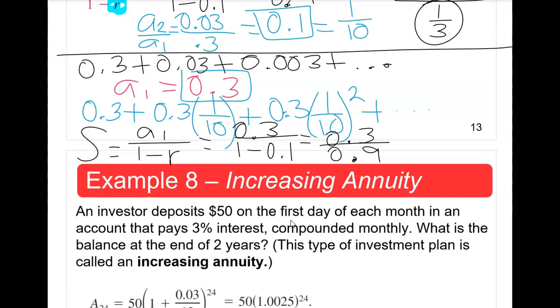Now, if I was to multiply by 10 top and bottom, it will be the same as moving my decimal point 1 unit to the right. So it will be 3 over 9. And 3 over 9 is a fraction that could be reduced to 1/3 if we divide by 3. So 3 divided by 3 is a 1. 9 divided by 3 is a 3.